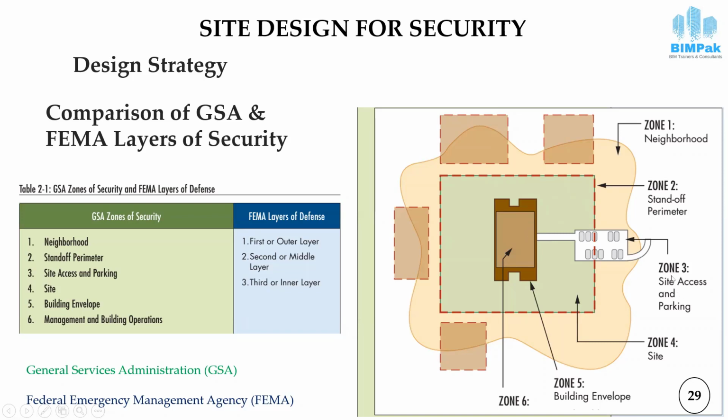We have a third zone, site access. By this area, people will access this building. And zone 4 is the site, the clear area outside the building. And then we have the building envelope, and the last one is the building itself. This building is then further divided into secured and unsecured zones.